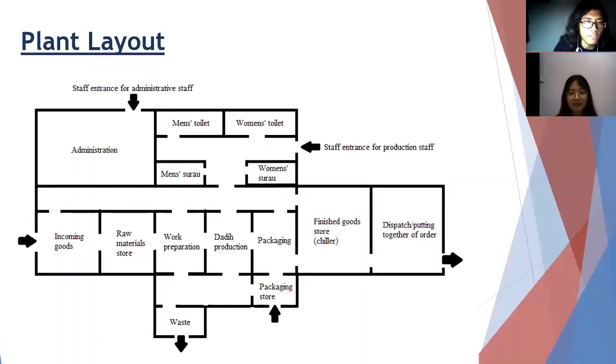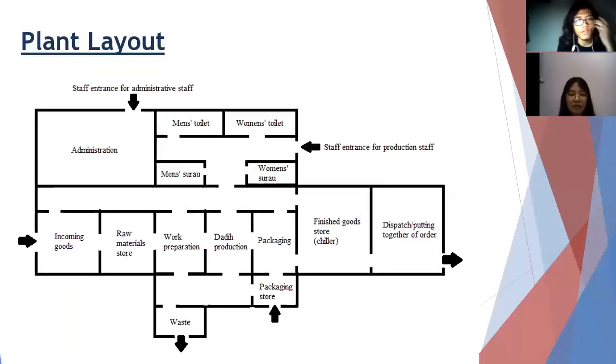The first is incoming goods, where the company receives goods, which are raw materials from suppliers. Next is the raw material store, which is to store the raw material before it is used in the day production.